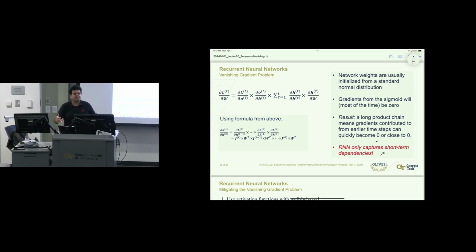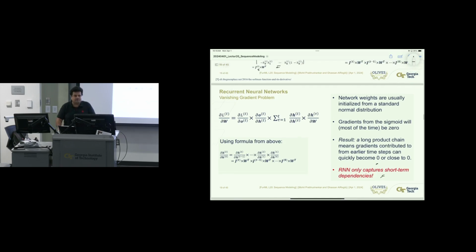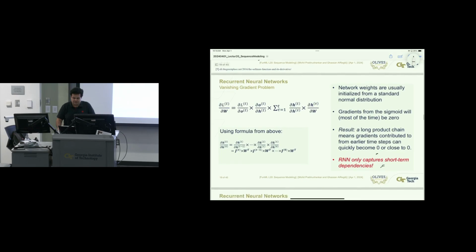You cannot have a very long-term dependency within your data in this case. Again, this is a vanishing gradient problem, but it's different from what we saw in CNNs. It's not based on the depth. It's based on these recurrent features that now exist within my framework. Any questions about the vanishing gradient problem itself and how it's different from CNNs?